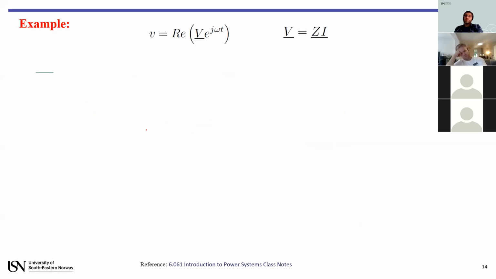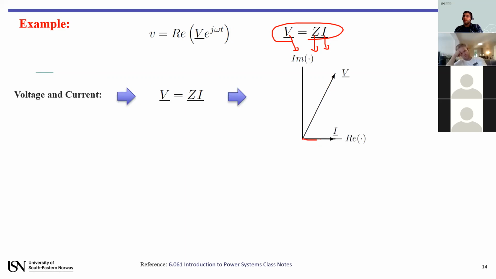And in this very simple case, you can write it this way. Voltage will be impedance multiplied by current. You can see here, if it is I, it is I. If you multiply by Z, the vector will rotate in this way, because of this phase difference, because of the Z. Z is a complex value, and it has an amplitude and a phase.